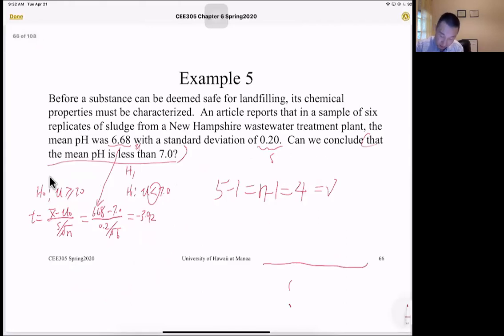So this is the t distribution. The t value is minus 3.92. And we found out for positive 3.92, the alpha is between 0.01 and 0.005.